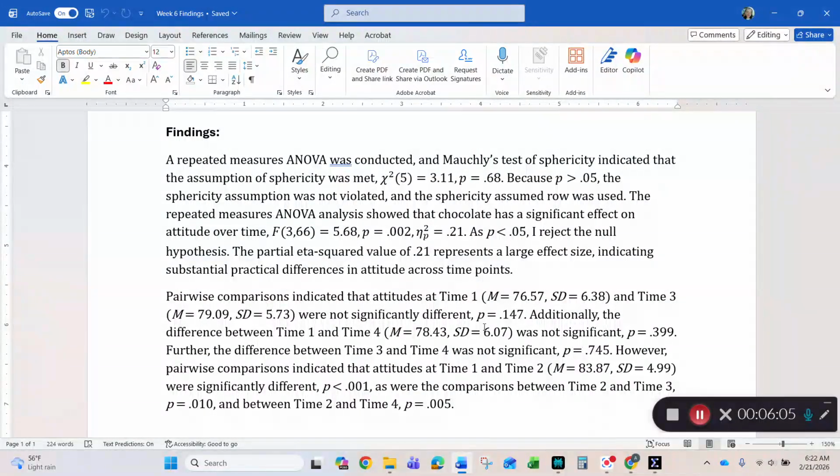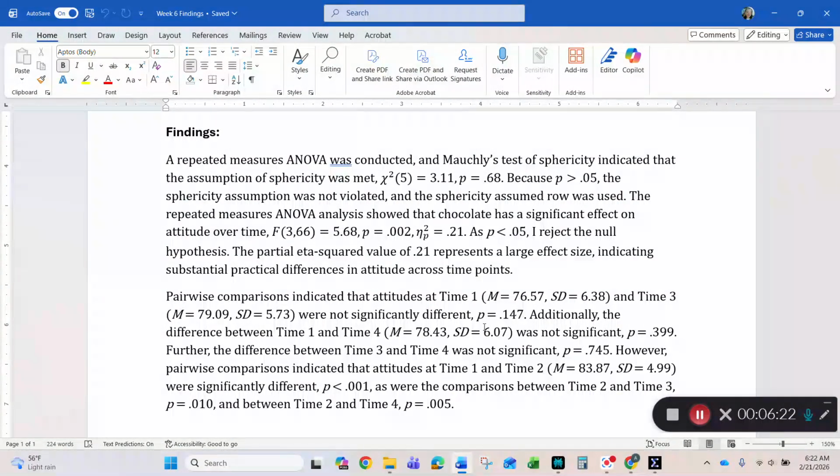P equals 0.147. Additionally, the difference between time 1 and time 4 mean 78.43, standard deviation 6.07, was not significant. P equals 0.399.